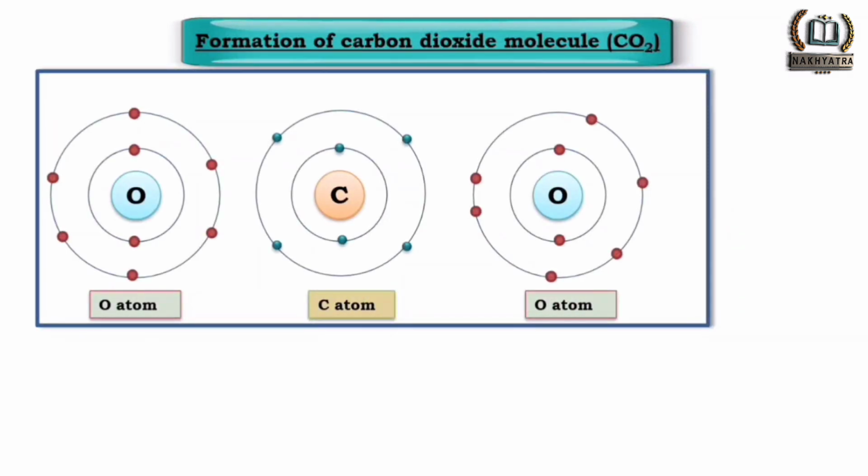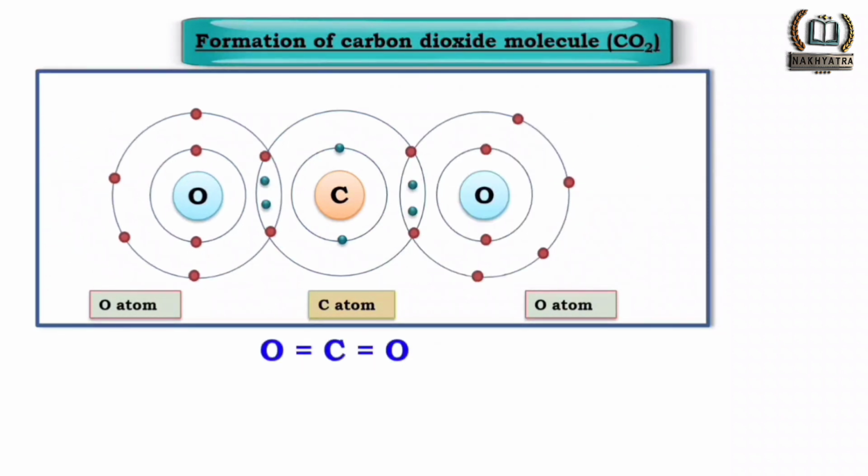So see here, in this case, the oxygen atom will share its 2 electrons with this carbon. This oxygen will share its 2 electrons with 2 electrons of the carbon atom.